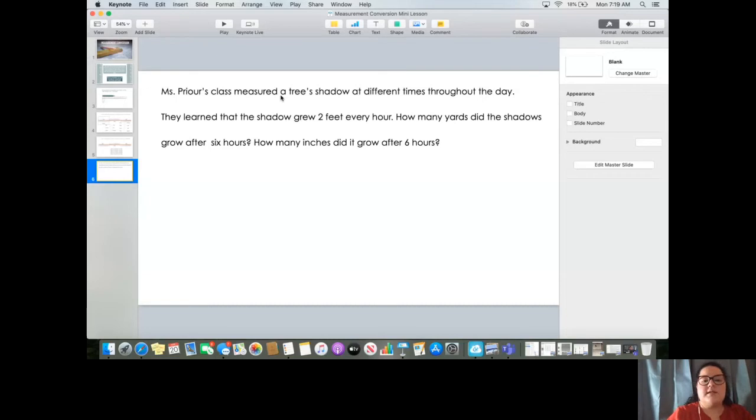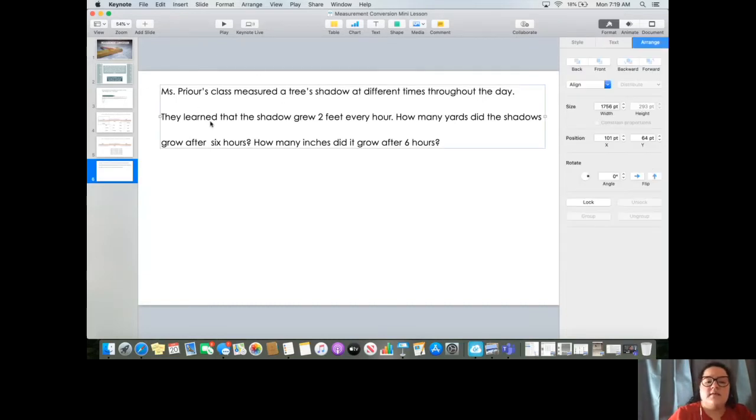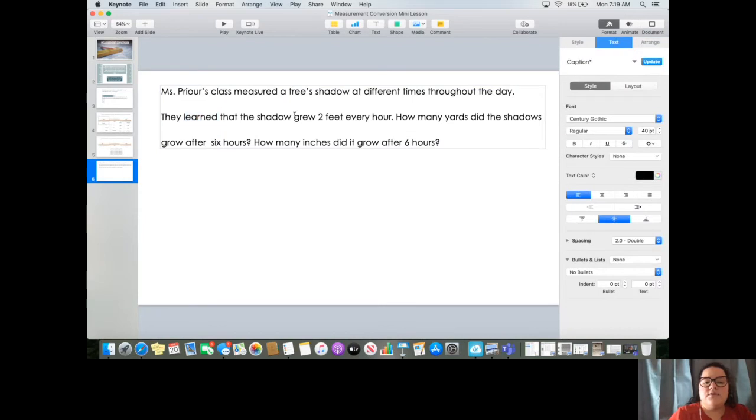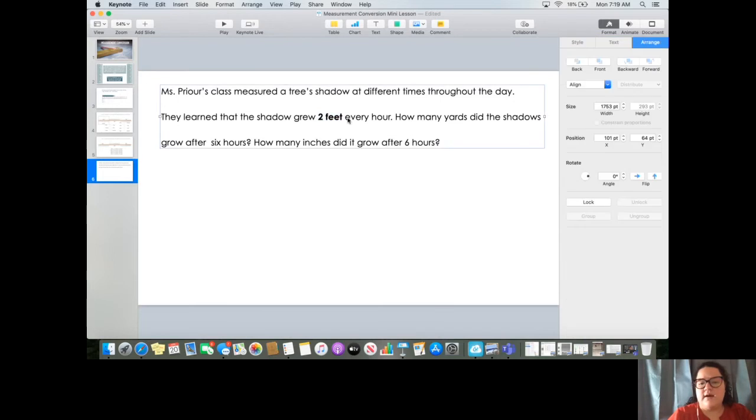So Miss Priour's class measured a tree's shadow at different times throughout the day. They learned that the shadow grew 2 feet every hour.